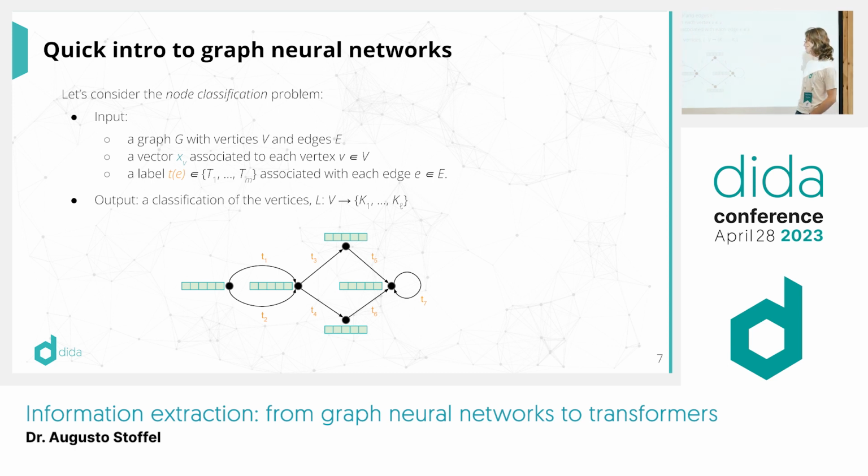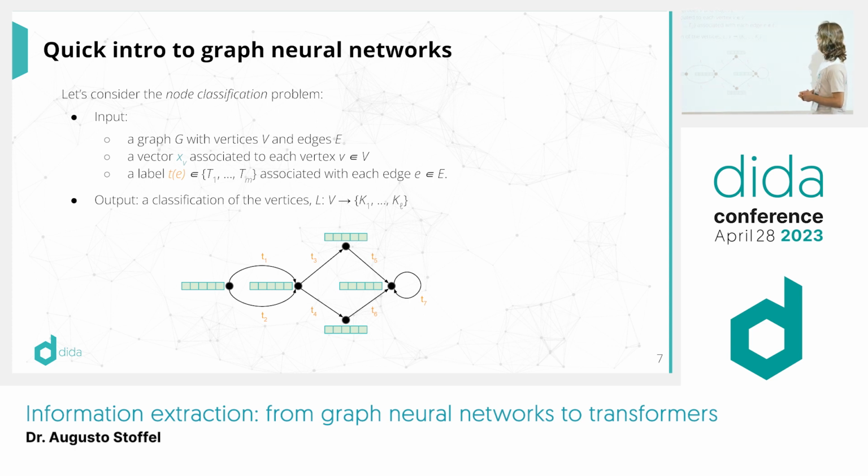We want to associate to each node some vector of numbers, and to each edge or arrow, we want a label that just belongs to one of some number of fixed categories.